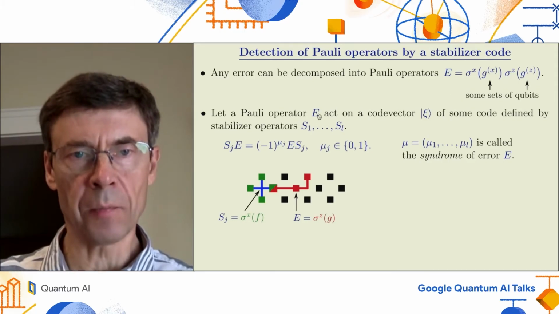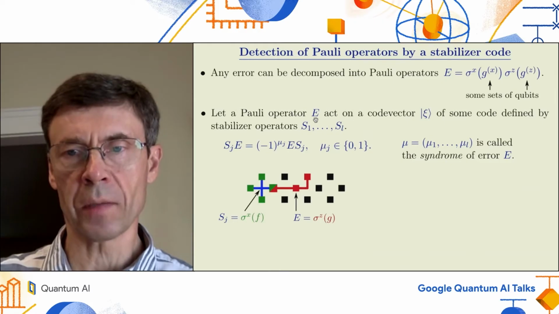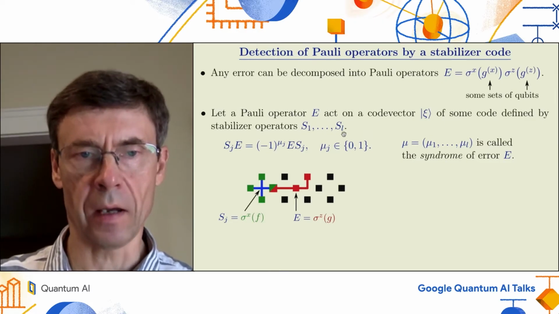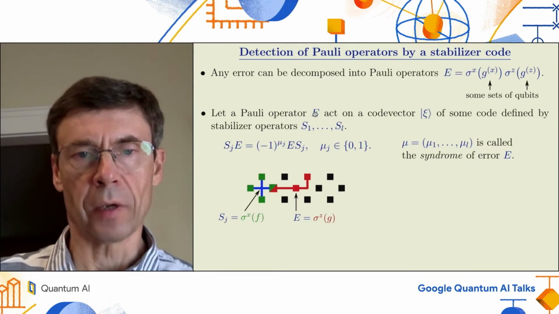Now, let a Pauli operator E act on a code vector C of some code defined by stabilizer operators S1 through SL. Stabilizer operators are Pauli operators. E is a Pauli operator.